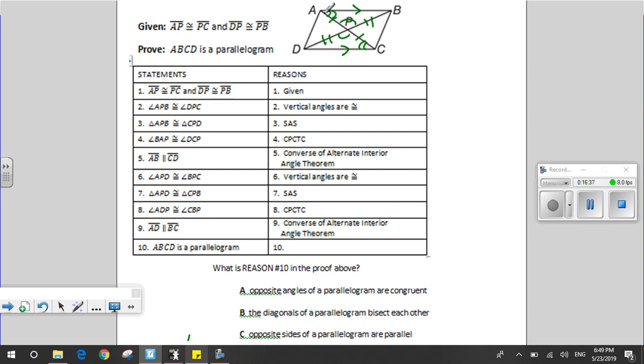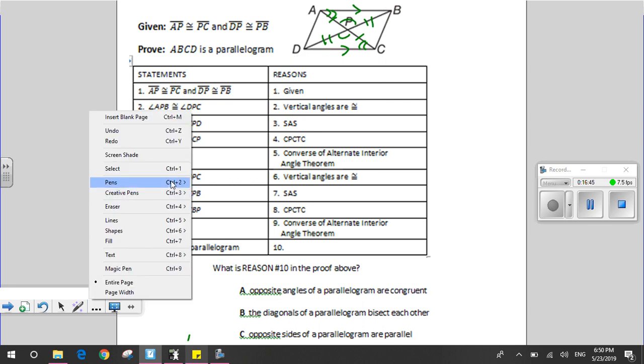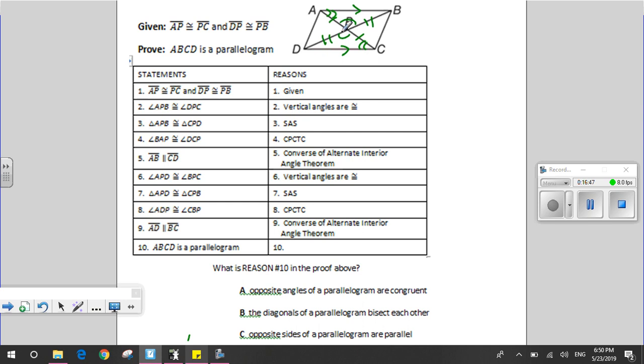Then it says APD is congruent to CPB. I'm going to get a different color. Again, vertical angles. And then these triangles are congruent by side angle side.